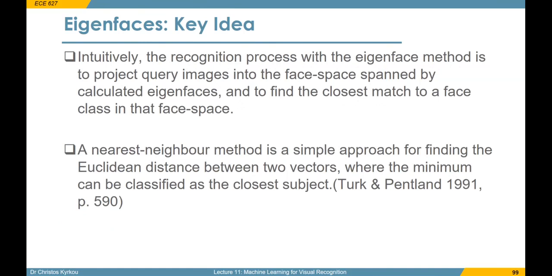Intuitively, the recognition process using the EigenFace method projects the images into a lower dimensional space, what is called the face space, that is spanned by the computed eigenfaces or eigenvectors. And then it finds in that space the closest match that we have in the database. And this can be done through nearest neighbor as our classifier method.